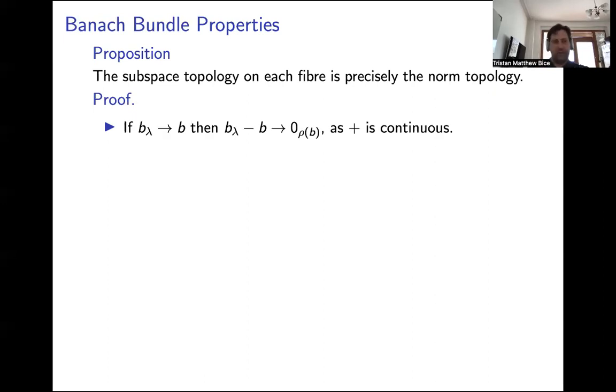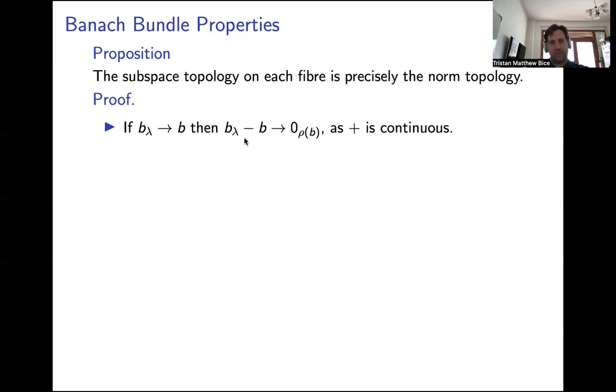So to see why, let's take some net which converges in the topology of the total space. In fact, you could say that this is even holding in a fiber. So let's say that we have B lambda approaching B. Well, then it certainly follows that B lambda minus B approaches 0.